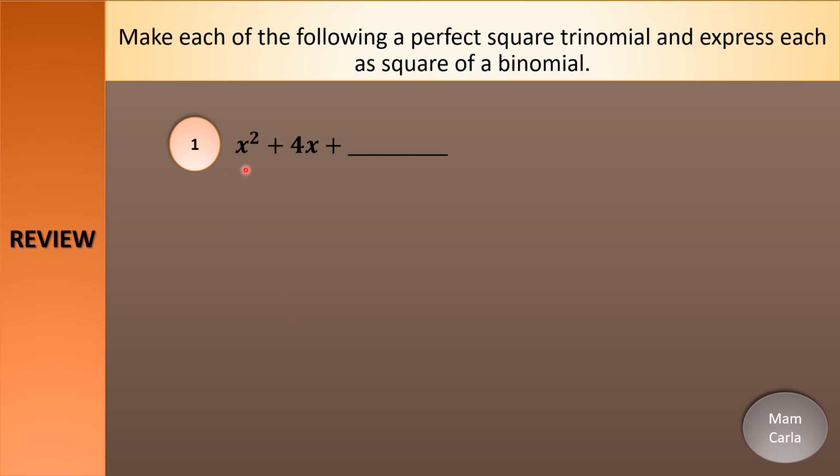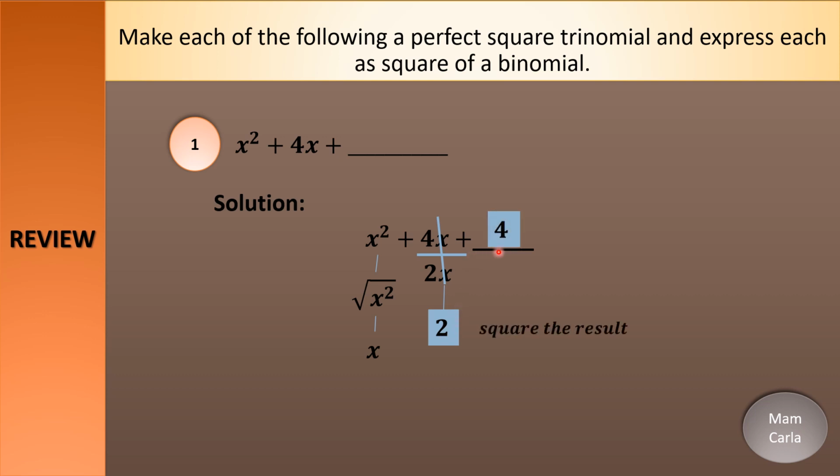Now let us deal with the first example. We have x squared plus 4x plus blank. So for the solution, we need to get the square root of the first term, and that is x, and then multiply it by 2, which is 2x, and then we divide 4x divided by 2x is 2, and then we square the result, and that is 4.